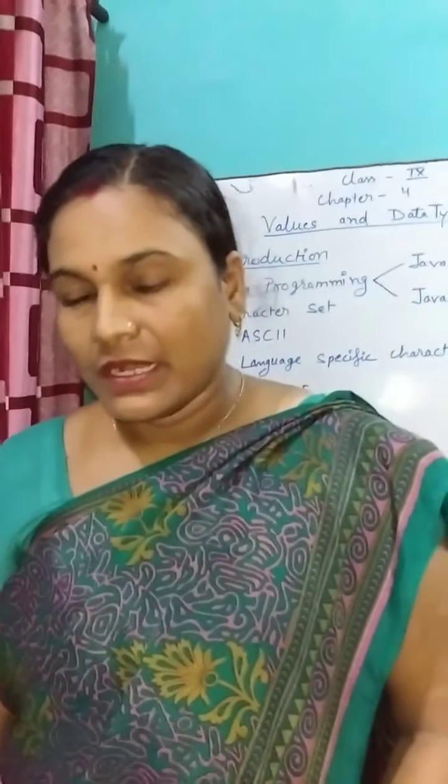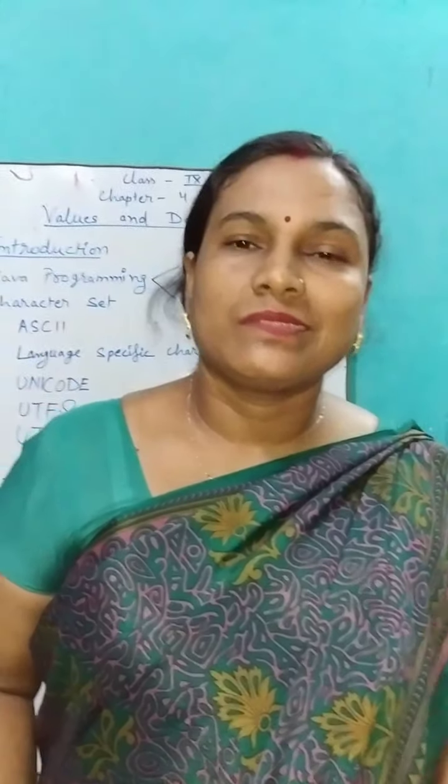And ASCII 8 means 2 to the power 8, so you multiply 8 times. So it is 256. Okay. So this is the ASCII set. It is used for the English language as well as numeric purposes, meaning digits. Okay. So a numeric keypad must be required for this character set.